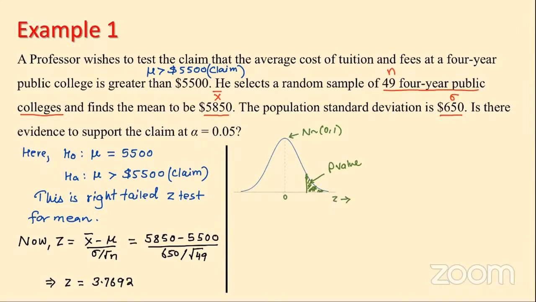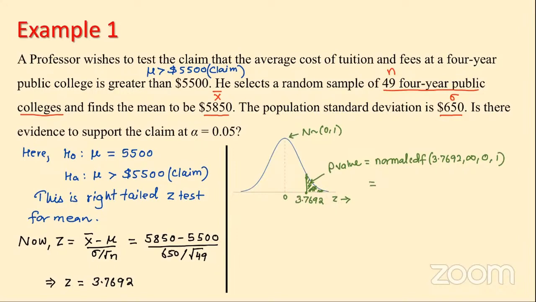So let's write that value. That is 3.7692. And your P will be equal to normalcdf of 3.7692 up to infinity, mean is 0, standard deviation is 1.